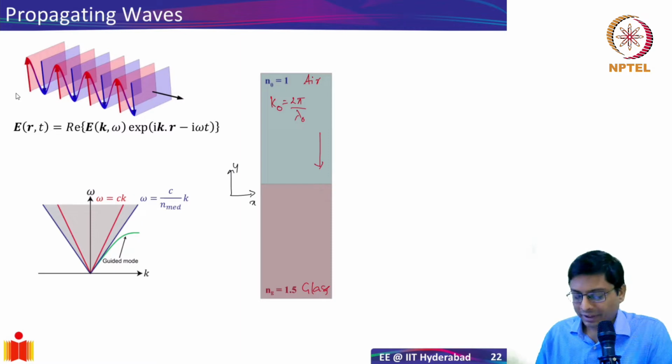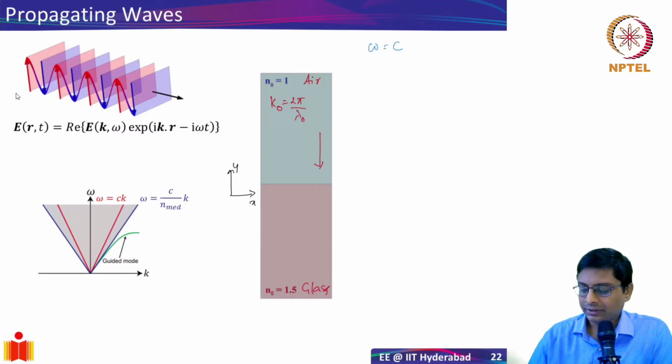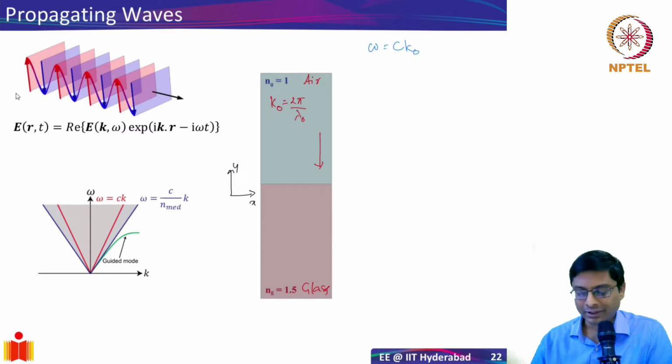Now what will be the wave vector in the second medium, that is glass? To understand that, we have to go back to the dispersion relation. We already know that for the case of air, omega is c k0. Now when the electromagnetic wave goes from air into the second medium, what happens to the wave vector?